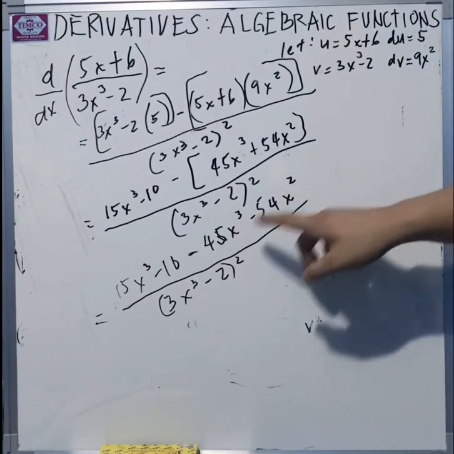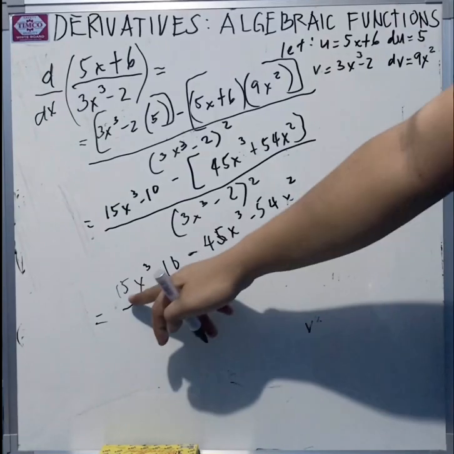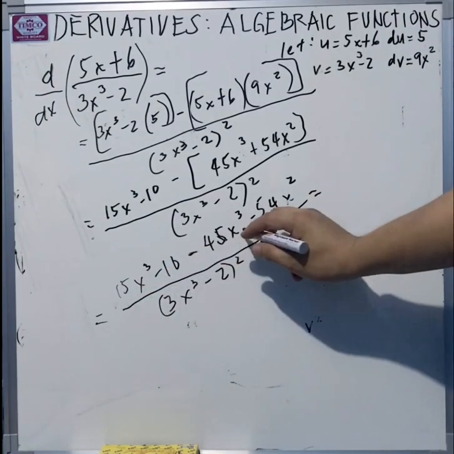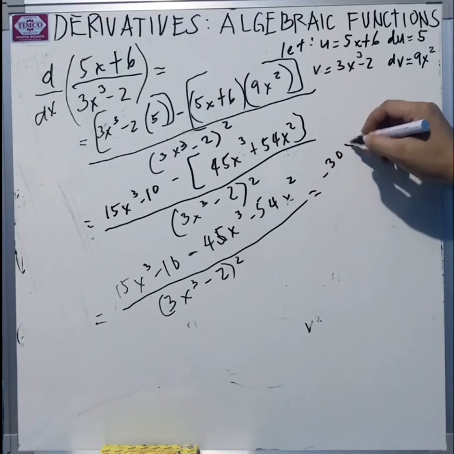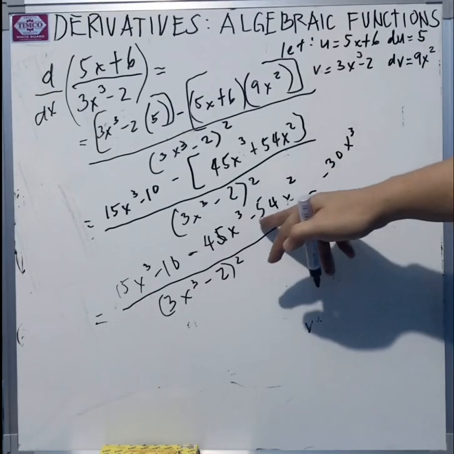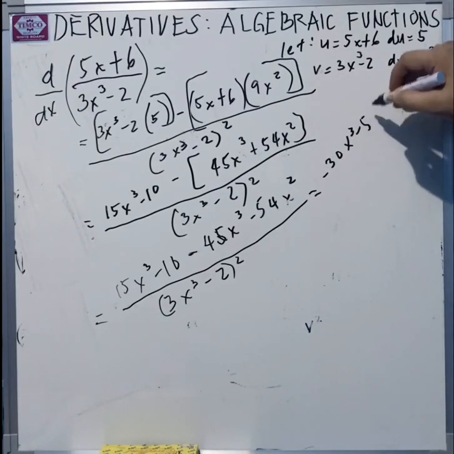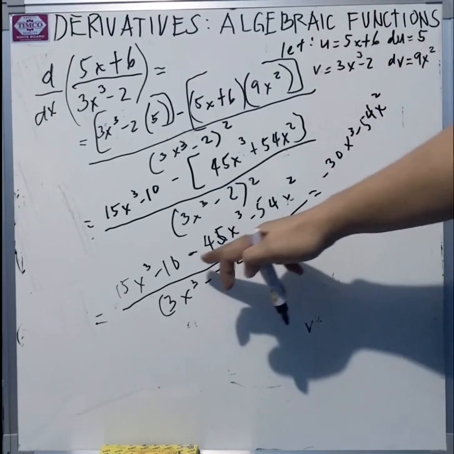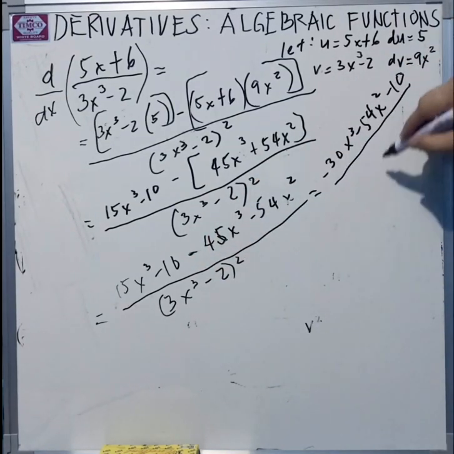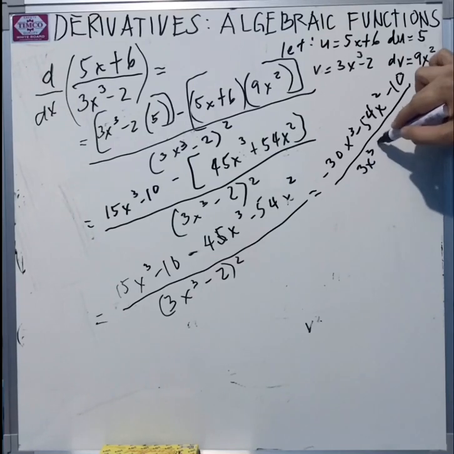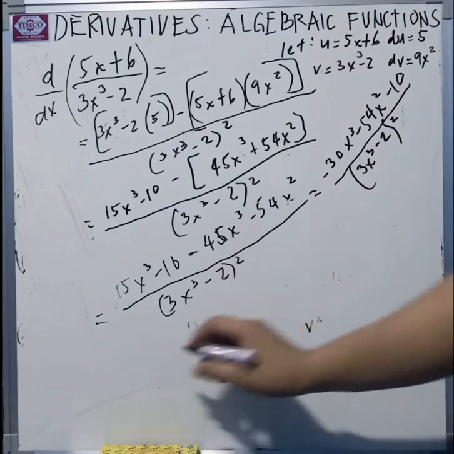So, pwede ba natin siyang i-simplify? Equal siya sa 15x cubed minus 45x cubed is negative 30x cubed. Tama? Negative 30x cubed minus 54x squared minus 10 all over 3x cubed minus 2 squared. So, kunin pa natin.